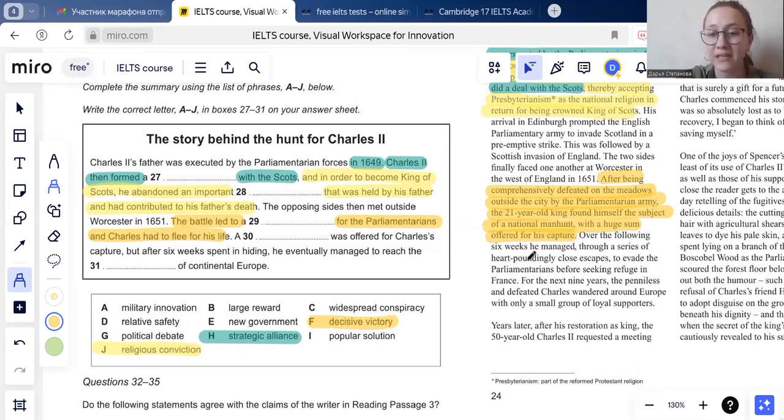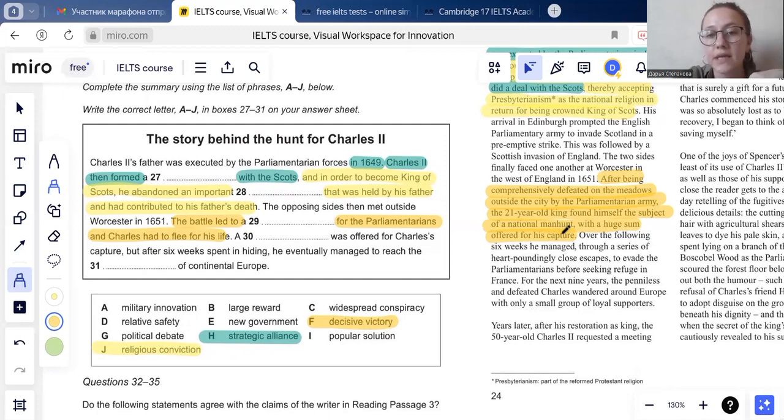Yeah, completely defeated by the parliamentarian army. So parliamentarian army won. Okay, okay. And what about Charles had to flee for his life? The subject of a national manhunt. That is correct. Yeah, for his capture.